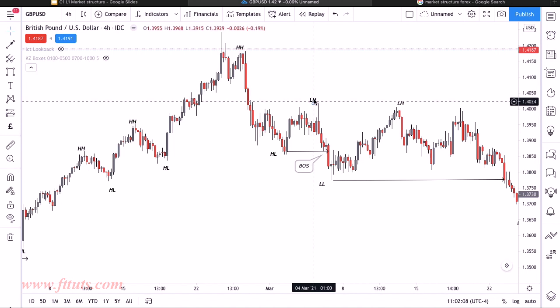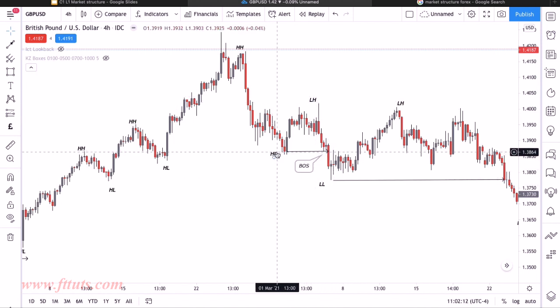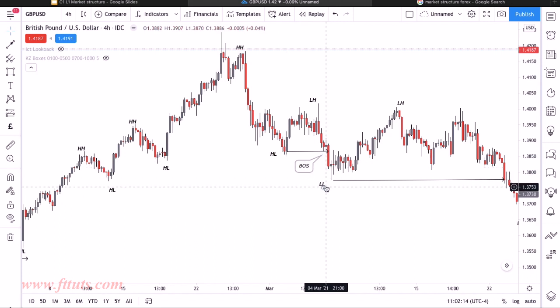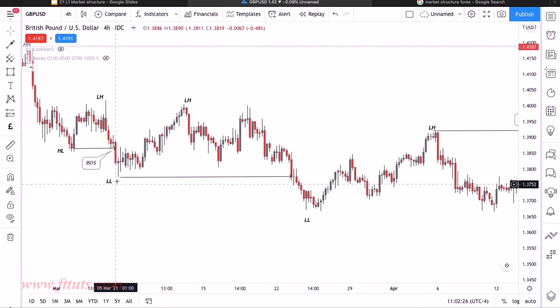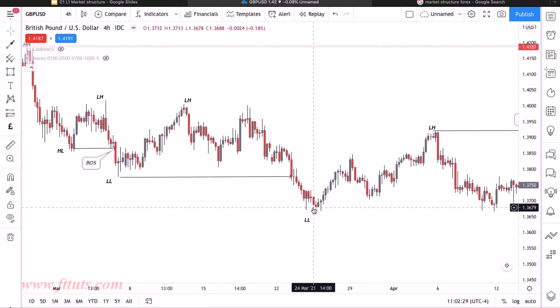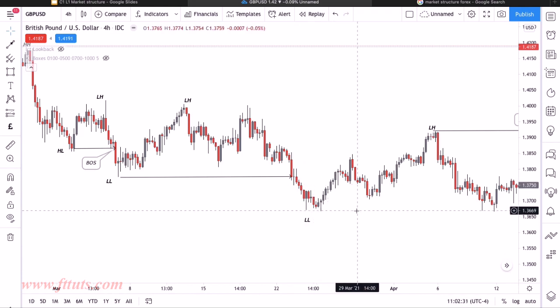And then the move after this lower high closes below that recent higher low. This therefore now prints a lower low. Now once we identify this break of structure, we now know that the market wants to shift direction. And as we can see here, once we got that break of structure, the market shifts its direction over to the downside.